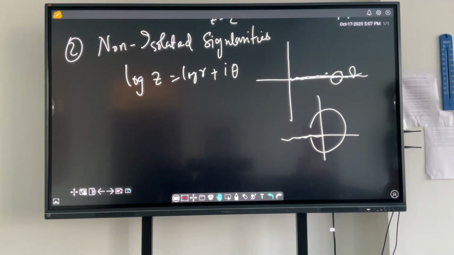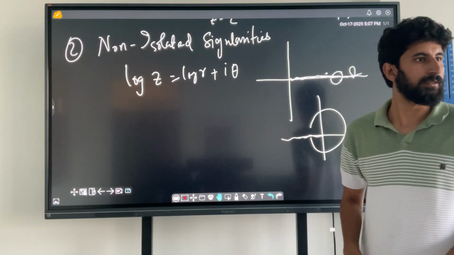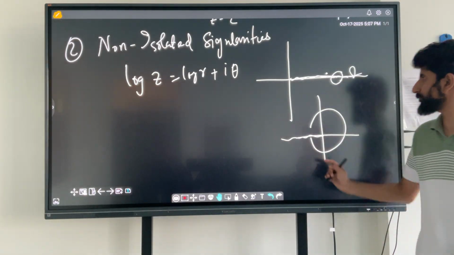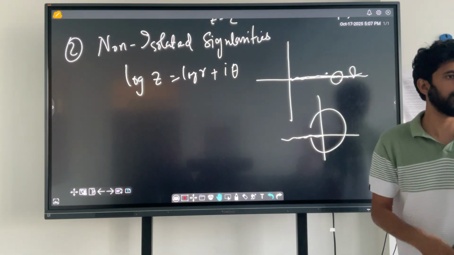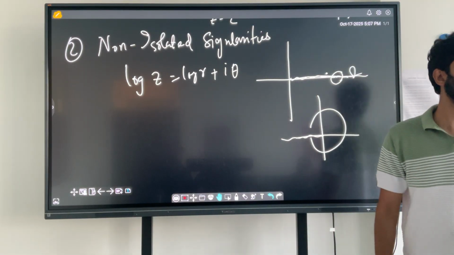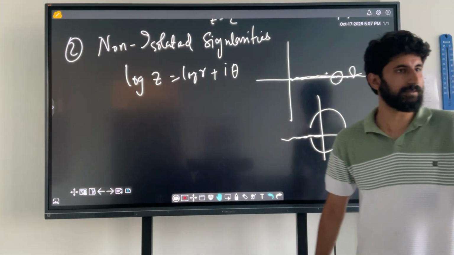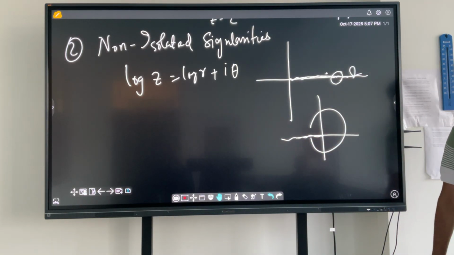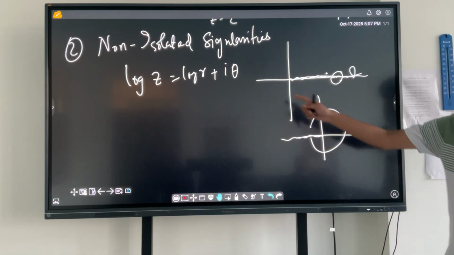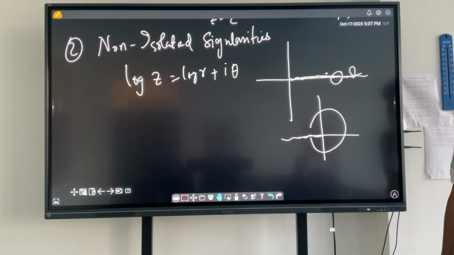We'll later on learn that this choice means you are joining them in a different manner. Not very different, but at least this difference is there. So this is one example of non-isolated singularities.